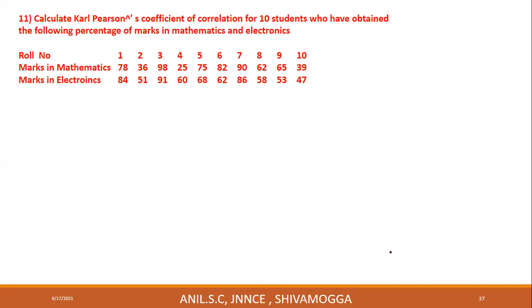You treat these marks in mathematics as X and in electronics as Y. X takes values 78, 36, 98, 25, 75, 82, 90, 62, 65, and 39.